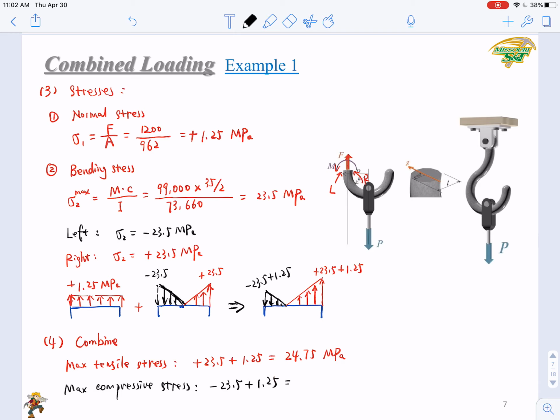That will be negative 22.25 MPa. Okay, so that's it. We just finished with the analysis of the combined effects of the two external loadings.